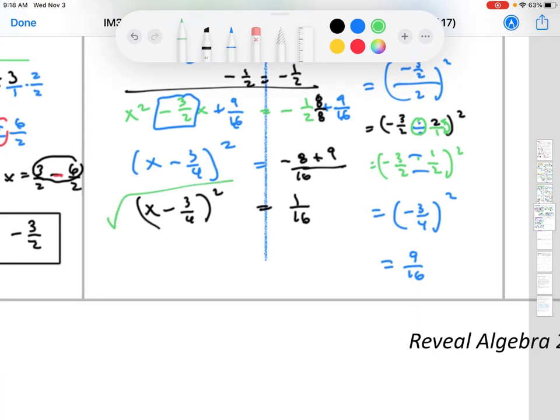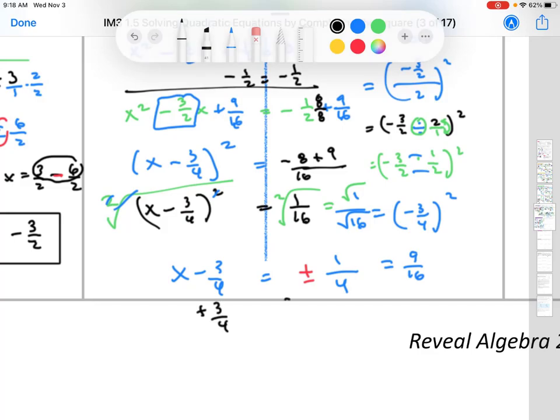I could take the square root of both sides because it's isolated. x minus 3/4 equals, don't forget your plus or minus. Okay, so that is square root of 1 over the square root of 16. So square root of 1 is 1, and the square root of 16 is 4.